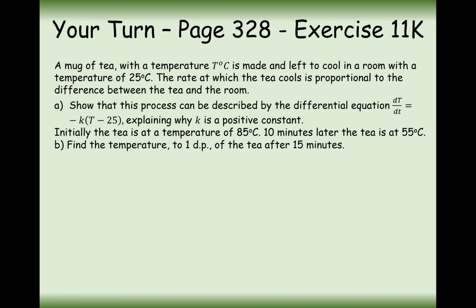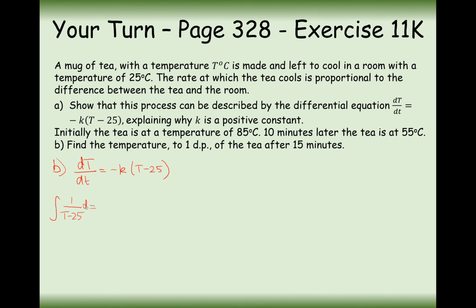So let's now go ahead and solve this differential equation. So we've got dT by dt equals minus k (T minus 25). And now we're going to be using the technique of multiplying the dt onto the other side, dividing by this T minus 25 onto the other side, and then integrating.